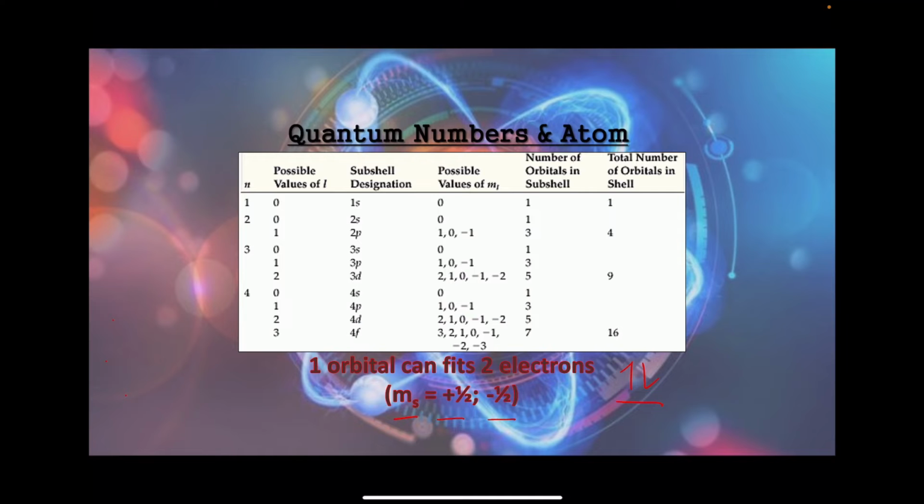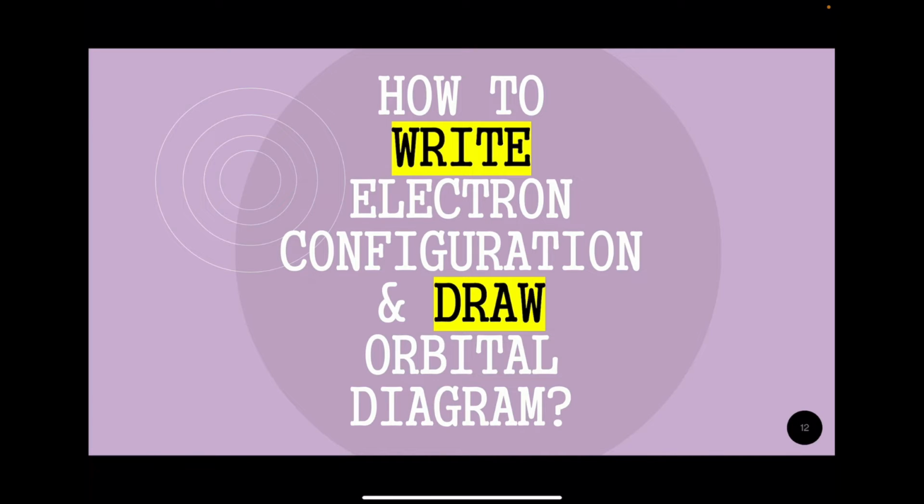So you need to remember, one orbital can fit 2 electrons only. Okay, the maximum electrons that can fit in one orbital is 2 electrons. Itu yang penting. Alright.